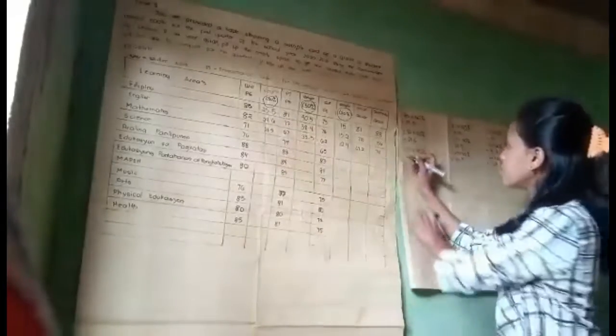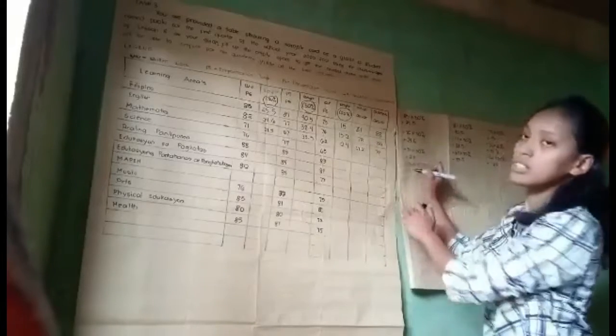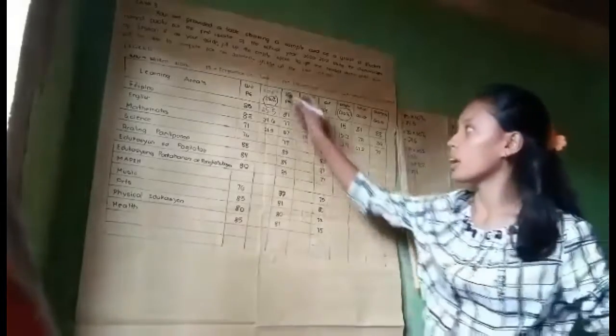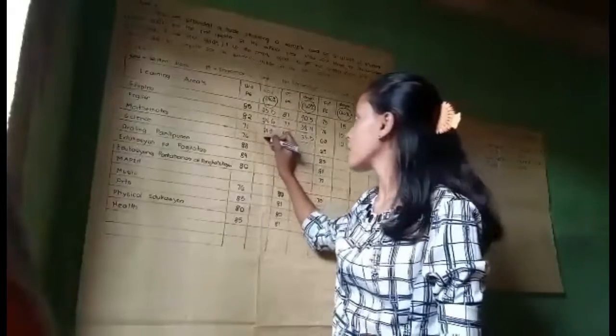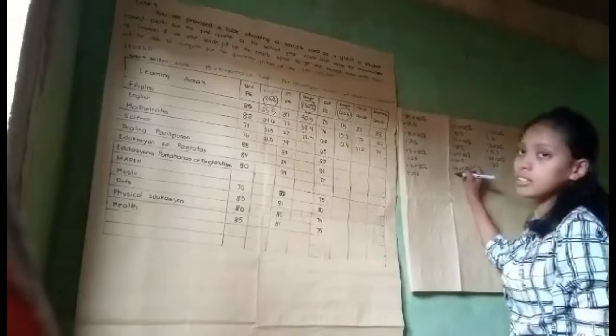Next is science. 76 times 30% is equal to 22.8. So our weight of science in written work is 22.8. Next is 79 times 50%, which is equal to 39.5.